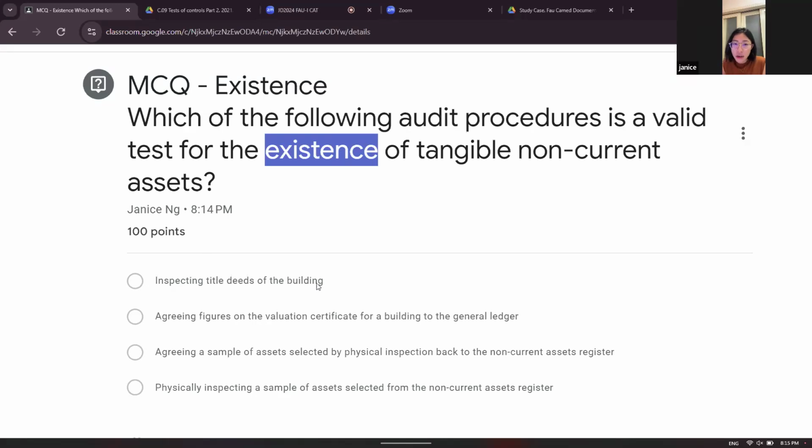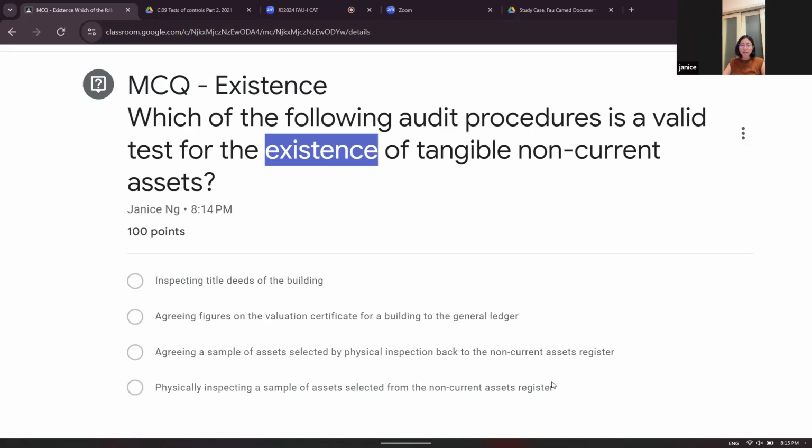Inspecting title deeds of the building. Agreeing figures on the valuation certificate for a building to the general ledger. Agreeing a sample of assets selected by physical inspection back to the non-current asset register. Physically inspecting a sample of assets selected from the non-current asset register.